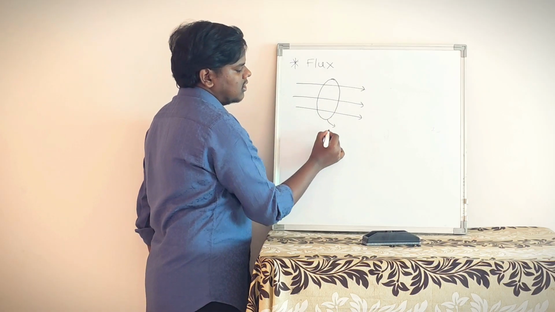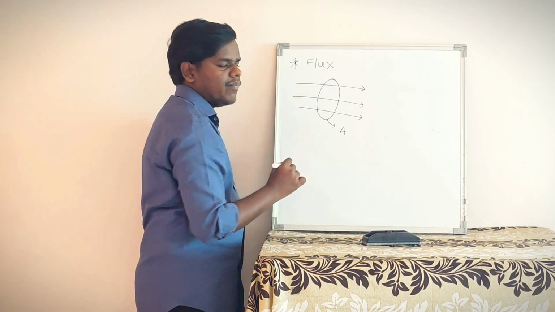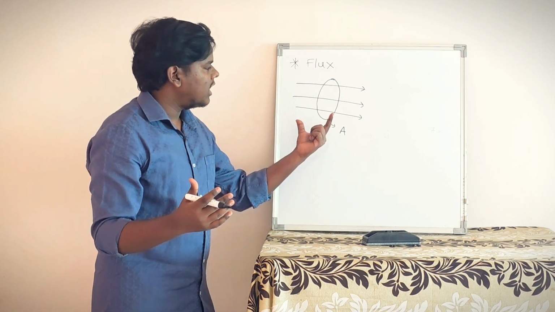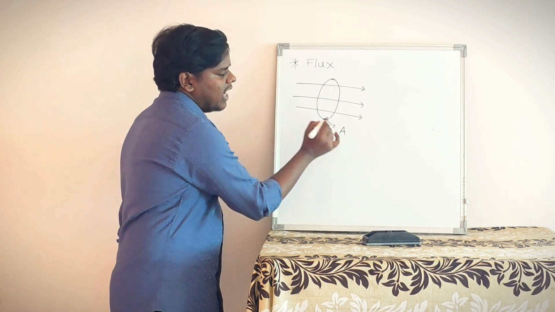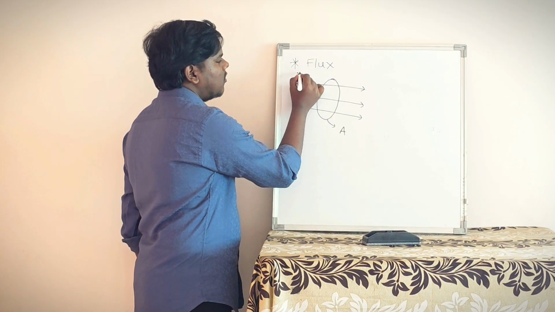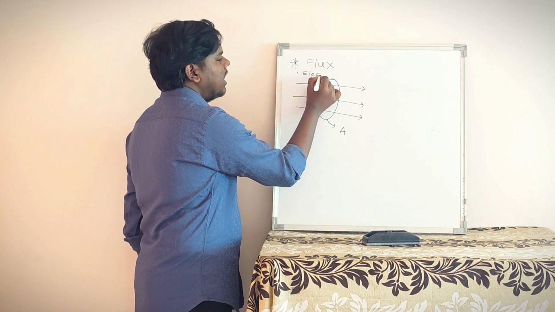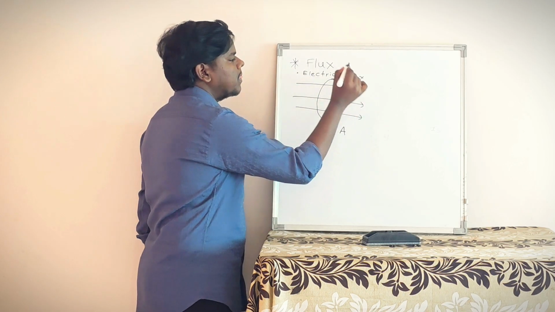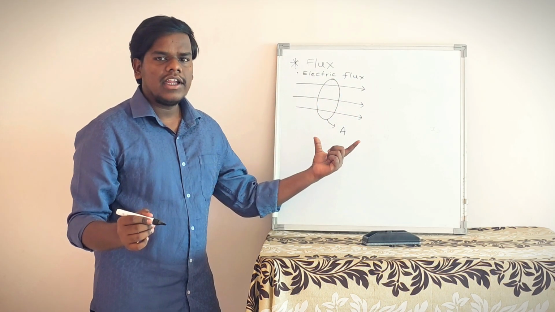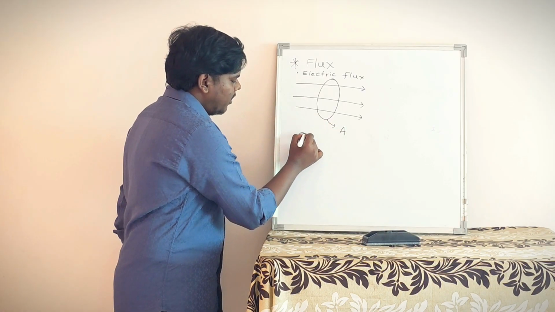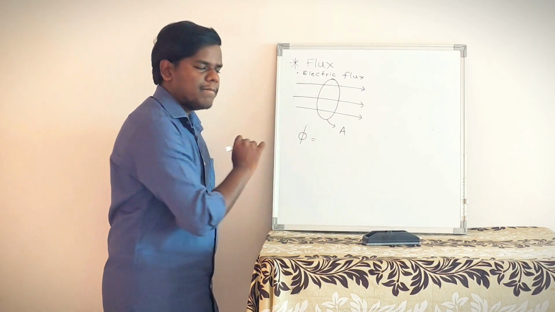Let's say this surface has area A. So how many electric field lines are passing through this area? This is what is called electric flux. How many electric field lines are passing through area A? So basically we denote it with symbol phi.